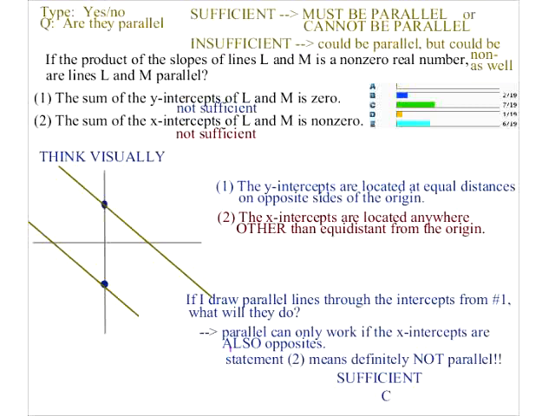I think you can actually do this with algebra too. I just made this problem, so I'm actually exploring this with you for the first time. But let's try. Algebra for statement 1. In other words, I have 2 lines. Let's see what happens if I have 2 parallel lines.